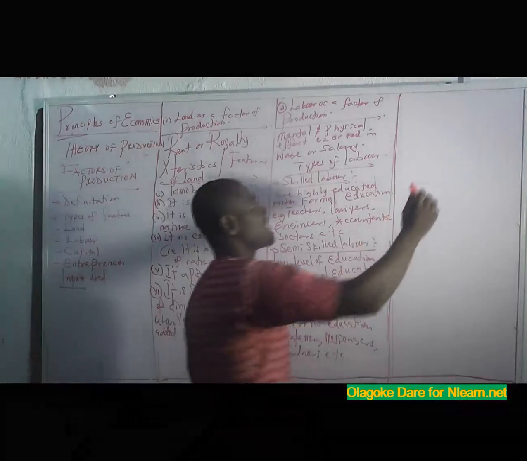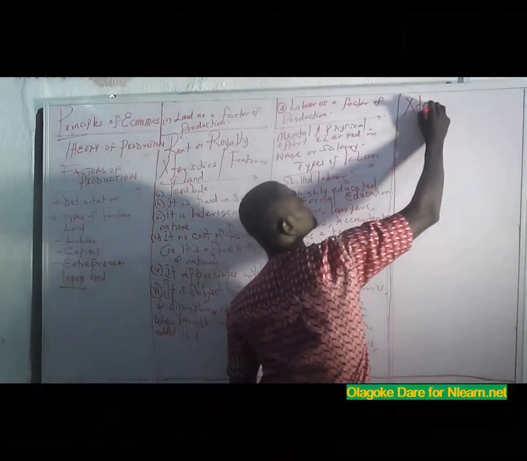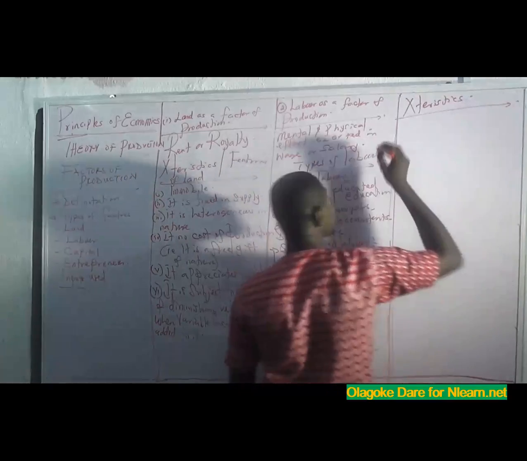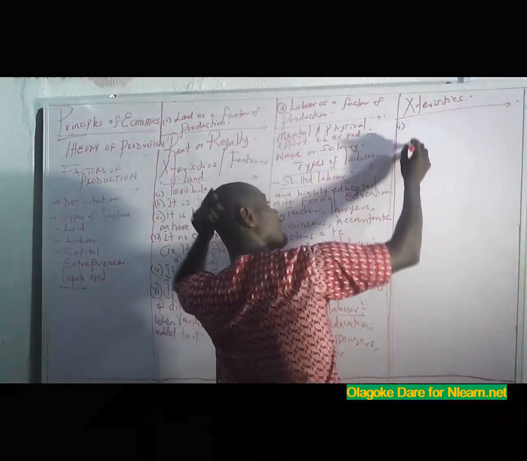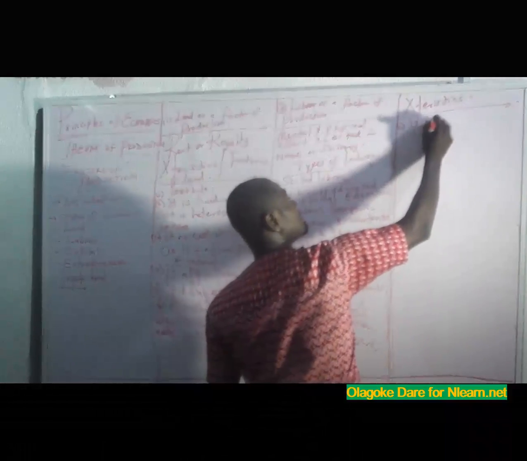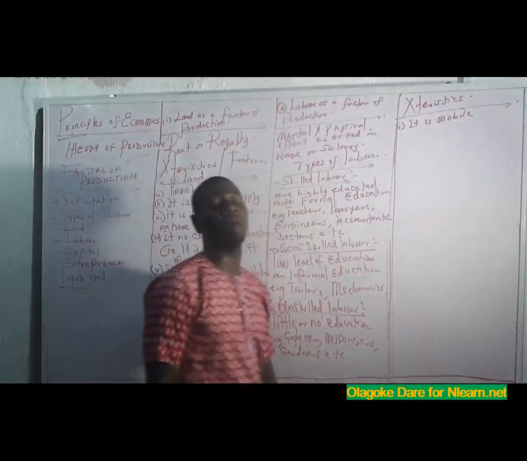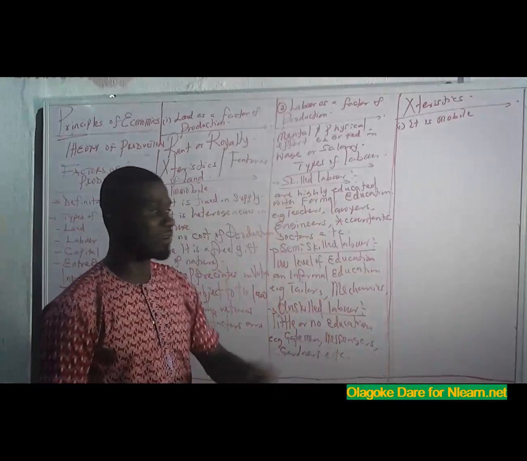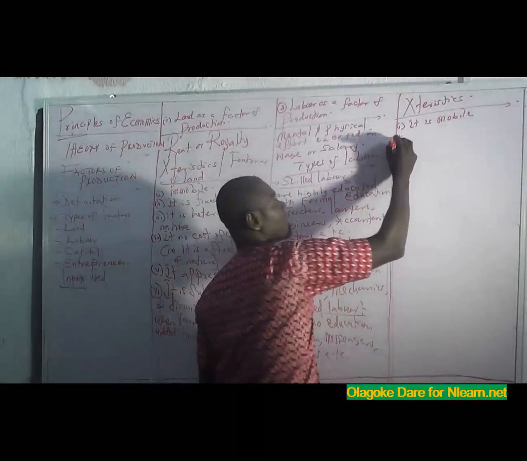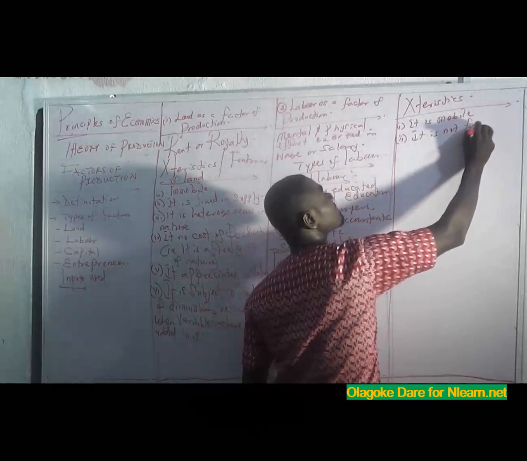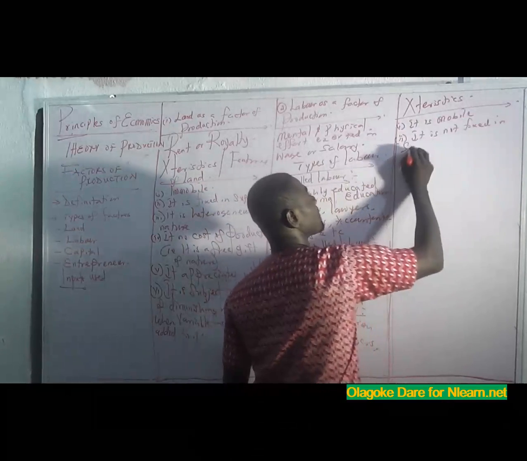Now, what are the characteristics of labor? Number one, it is mobile. Unlike land, labor can move from one place to another. Another thing you need to know about labor is that it is not fixed in supply.